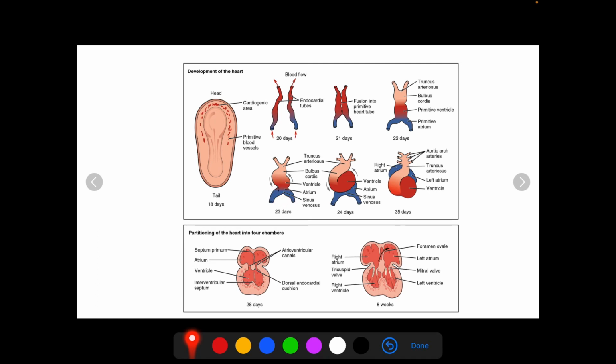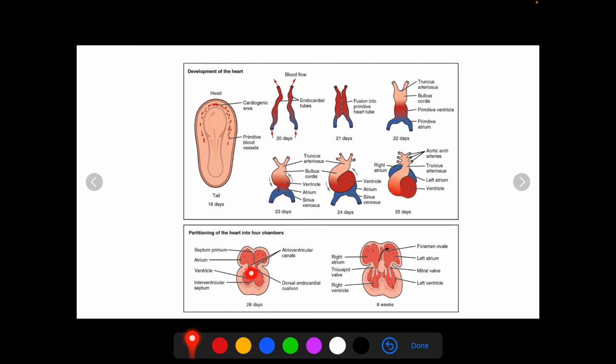It's like rotating. This part, the atrium, is in the lower part, but as we know it must be in the upper part, so the atrium moves upward and above the ventricle.